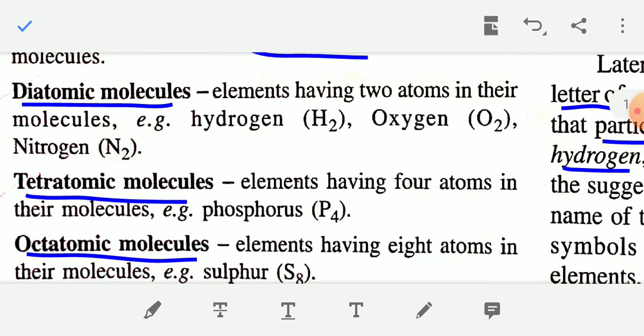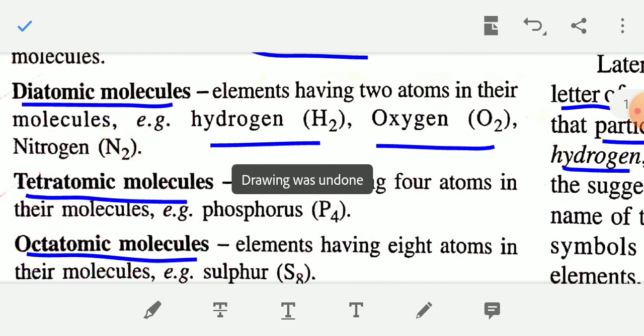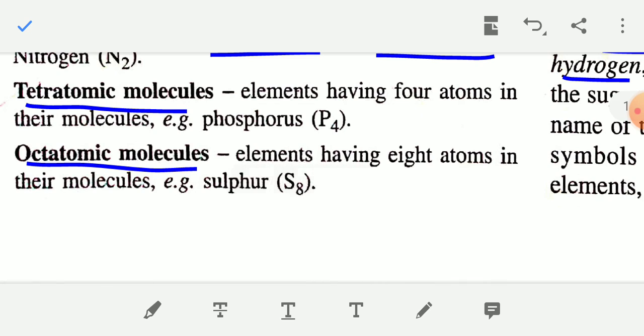Elements having two atoms in their molecules are called diatomic molecules. For example, hydrogen molecule H2, oxygen molecule O2, nitrogen molecule N2. These are diatomic molecules.